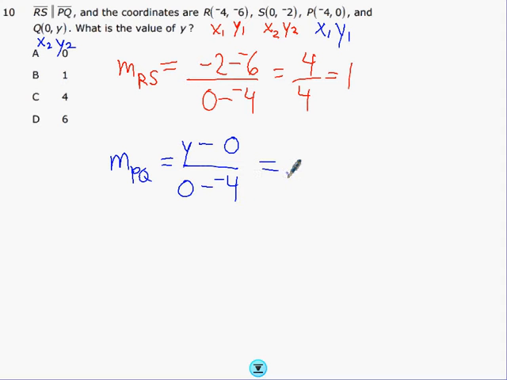All right, so y minus 0 is y. 0 minus negative 4 is 4. So I need this slope to equal 1 because it's parallel to the other one. Well, now I just solve for y by multiplying each side by 4. So y equals 4. You could probably draw that, and you might get a good idea as well.